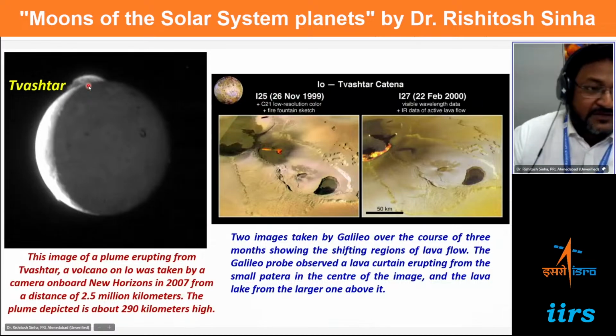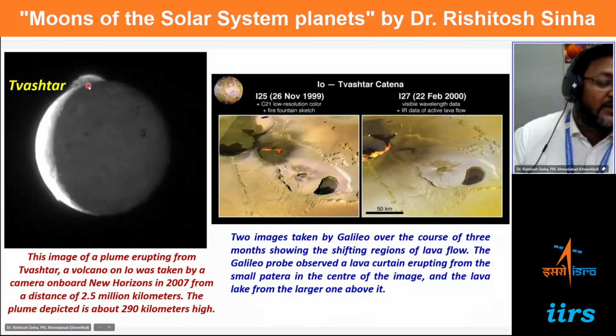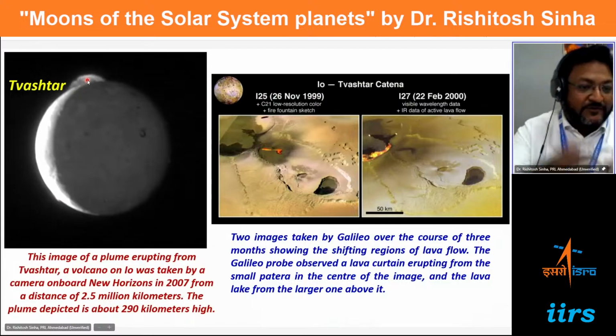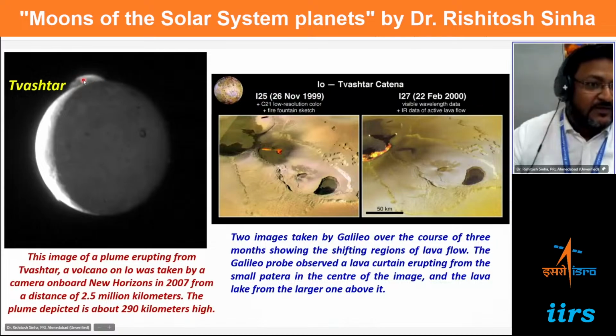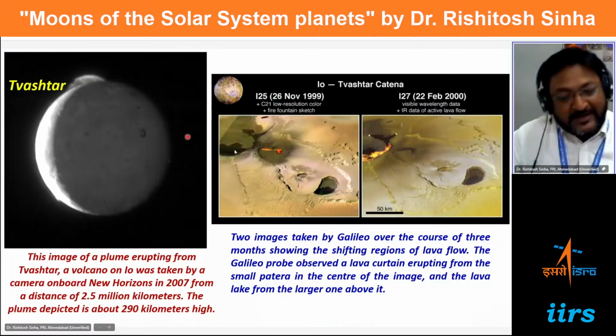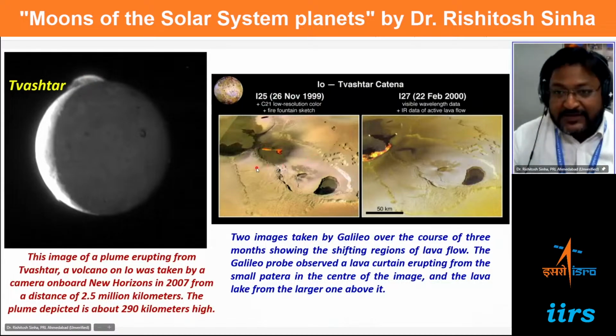I think this is the most intriguing thing that I have ever seen in planetary science, where one can see the jets coming out from the plume erupting from this particular place on the surface of Io, as well as surfaces on Io which have changed over time.